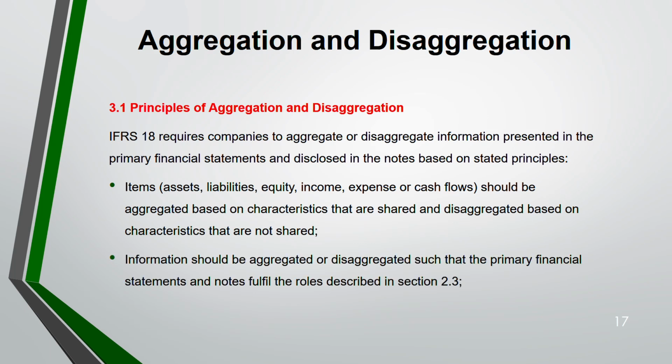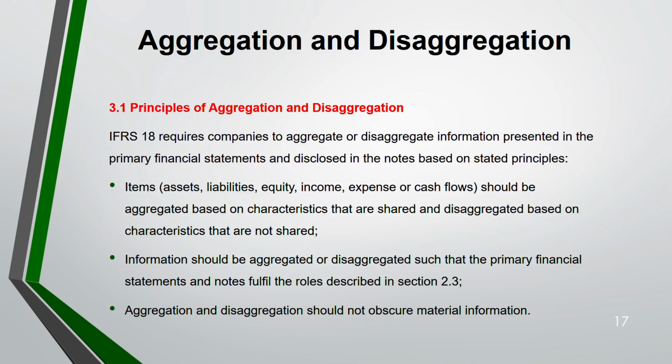Information again should be aggregated or disaggregated based on how the primary financial statements and the notes fulfill the roles described in section 2.3. Aggregation and disaggregation should not hide your material information.